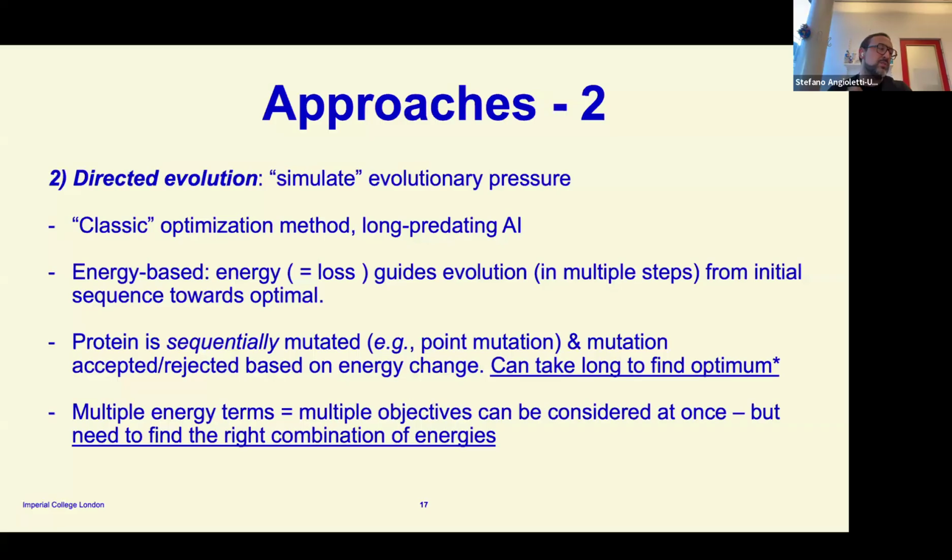One part of the energy that looks for proteins that are easier to produce. One part of the energy that accounts for other properties that I want to embed in my final design. And because I can consider them at once, doing multi-objective optimization is actually really easy. So this is the big advantage compared, let's say, to a generative approach where this is not so trivial.